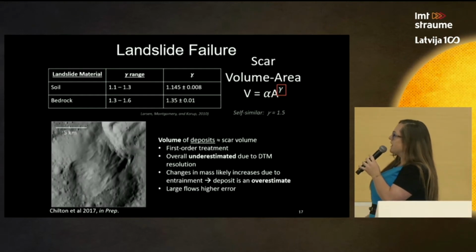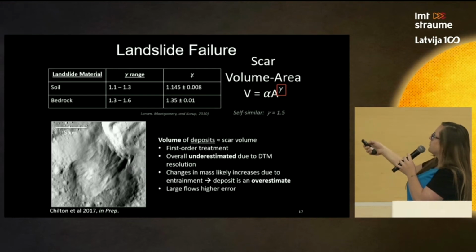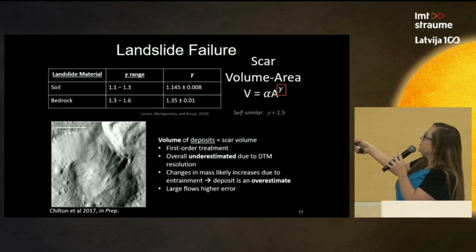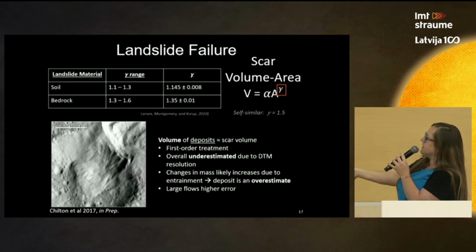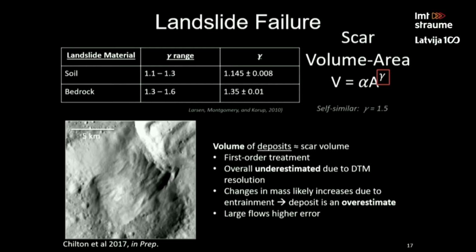For Ceres, we actually don't have a really good way of estimating the volume of the scar. We can easily estimate the surface area of the scar, but what we usually have to do is use the volume of the deposit as a proxy for the volume of the failure scarp. So this is approximately the scar value.